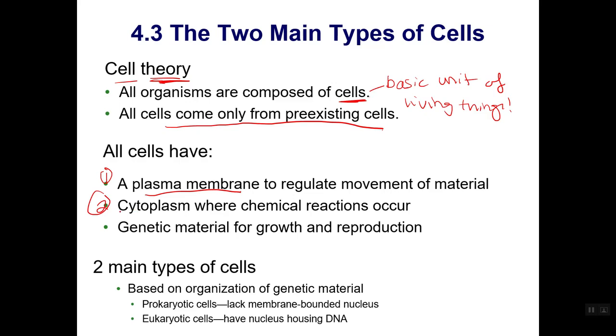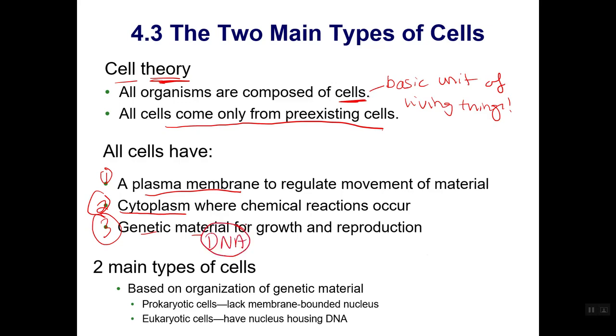This is a new term. Cytoplasm is the liquid within the cell. So if you were to imagine our water balloon filling up, and we said that that latex or rubber that makes up a water balloon is the plasma membrane, then the water would be the cytoplasm. That's where all the chemical reactions occur in cells. And then number three, they all have genetic material for growth and reproduction.